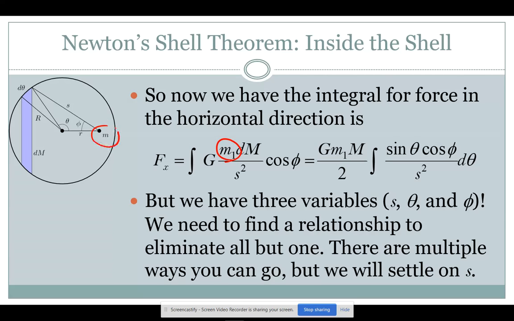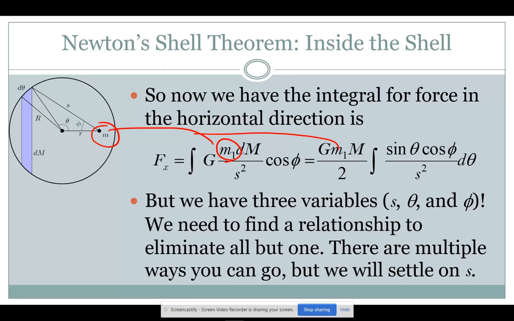It's the mass of this, times capital M, the mass of my spherical shell, over 2, and then I have sine theta cosine phi over s squared d theta.